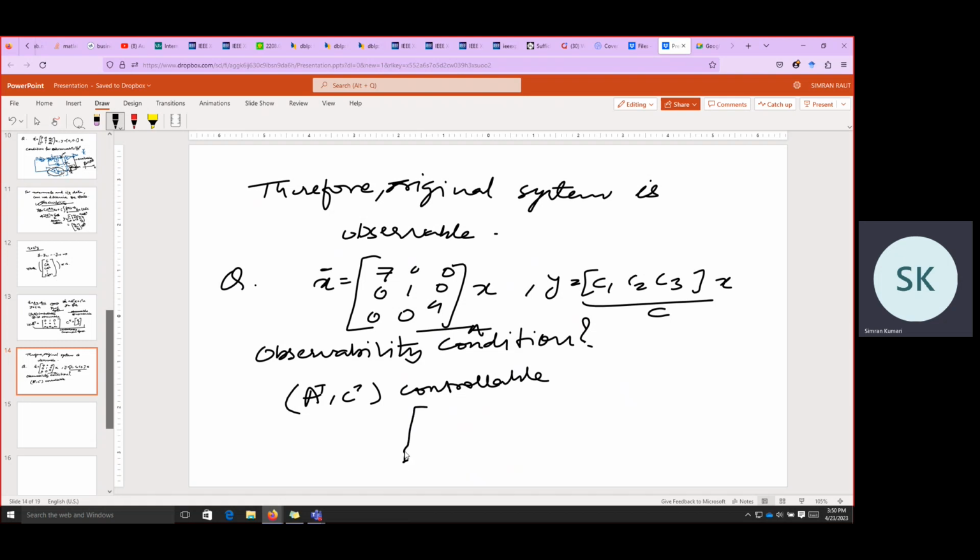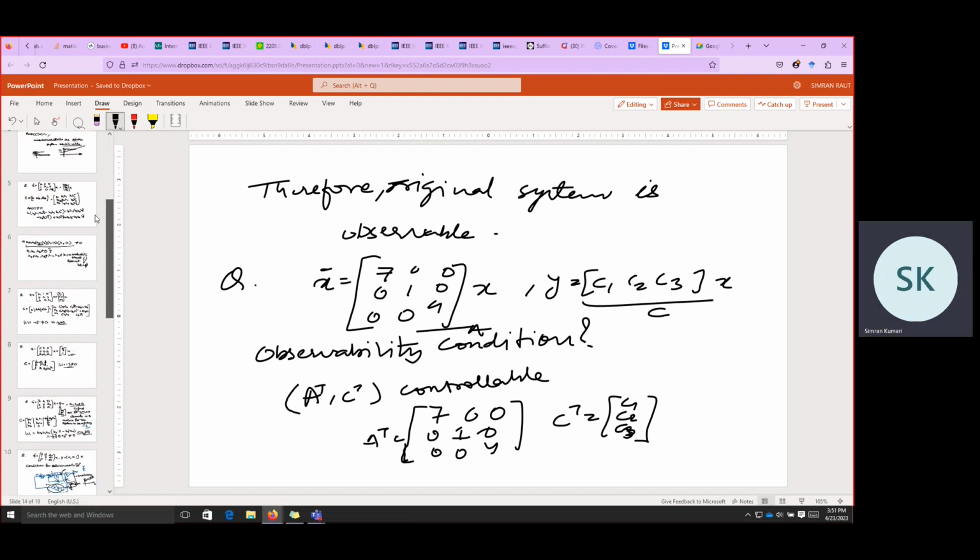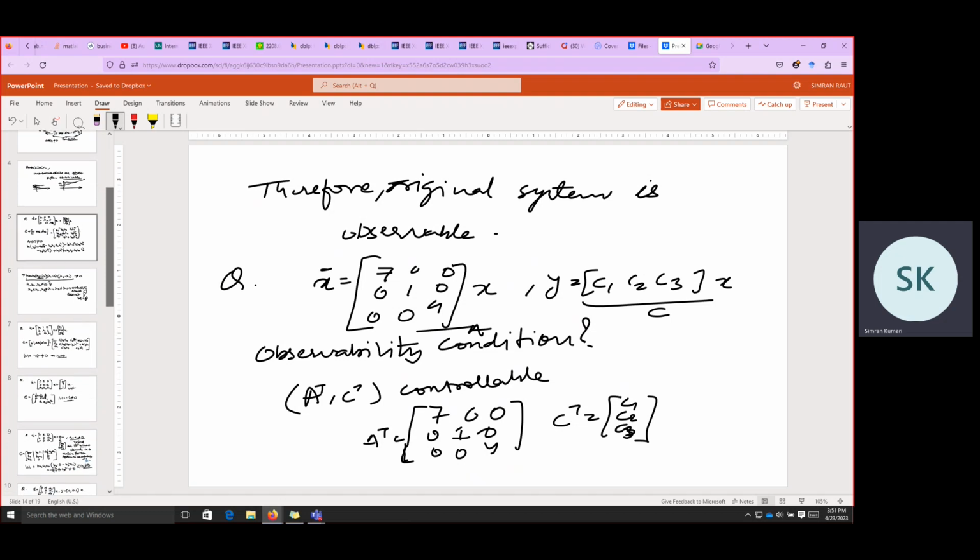Let us see what A transpose is. A transpose is simply this one only, because this is a diagonal matrix. And C transpose is C1, C2, C3. Now this is a diagonal form and these are the elements of the C transpose. So from the first question that we had done, we can say under what condition this system is controllable.